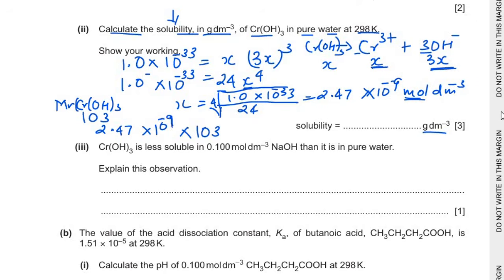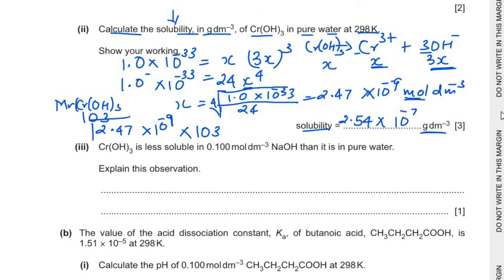If we find the product, we get 2.54 x 10^-7. So this is the value of solubility of chromium hydroxide in grams per dm cubed.